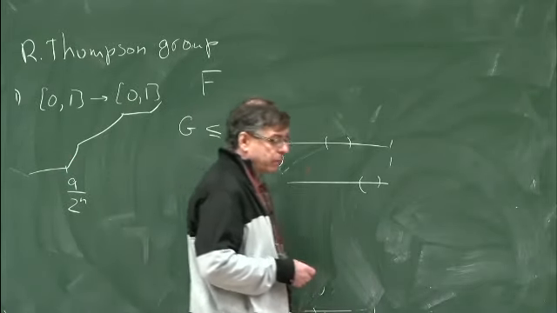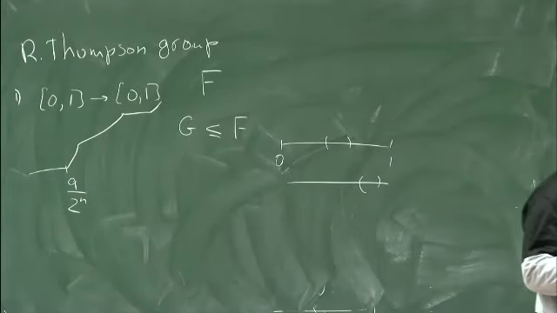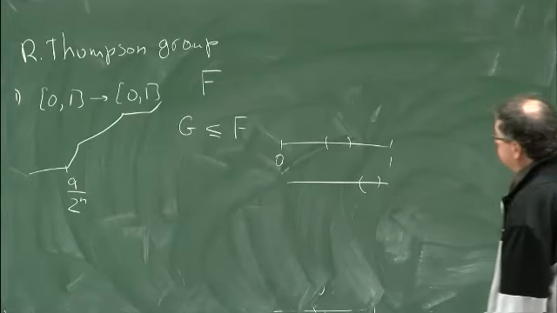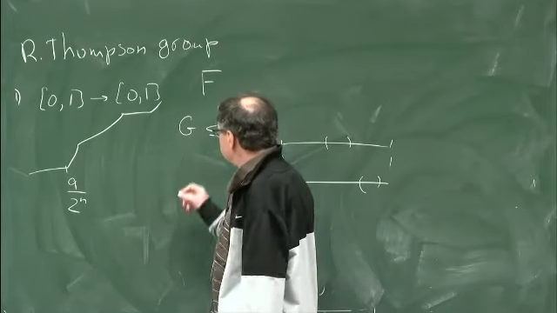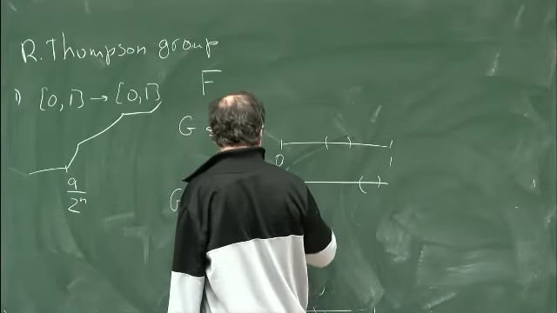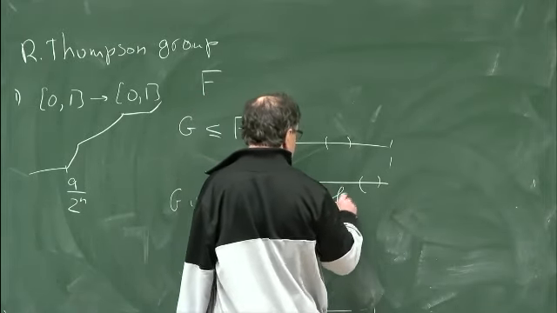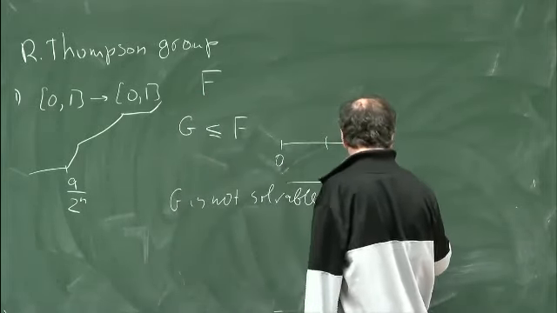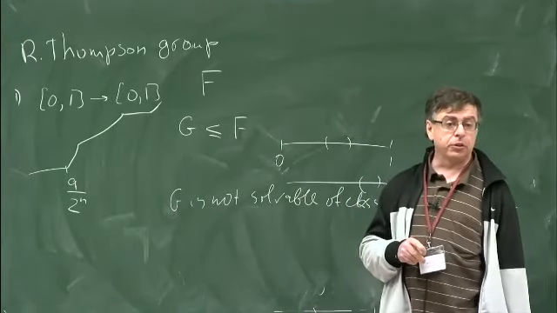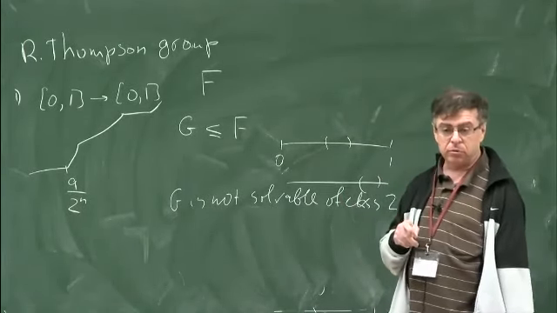Moreover, we proved with Victor Guba that we can go further. If G is not solvable of class 2, then it contains Z wreath Z, a wreath product of 2 Z's.